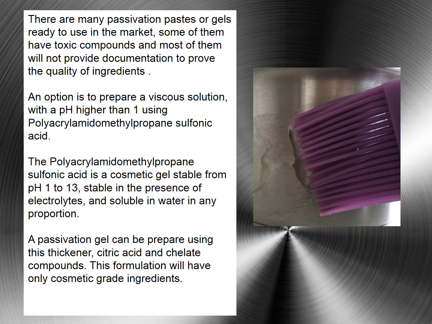The polyacrylamidomethylpropane sulfonic acid is a cosmetic gel, stable from pH 1 to 13, stable in the presence of electrolytes, and soluble in water in any proportion. A passivation gel can be prepared using this thickener, citric acid and chelate compounds. This formulation will have only cosmetic grade ingredients.